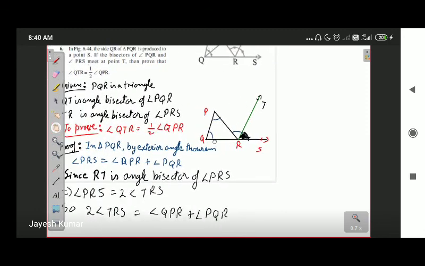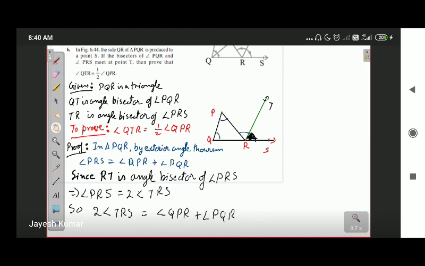Now we are going to talk about angle PQR. There is another angle bisector, that is QT.